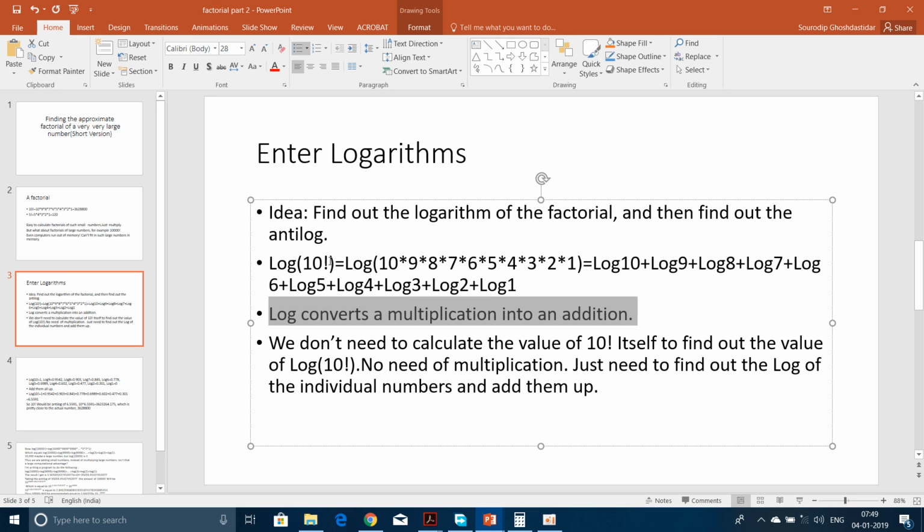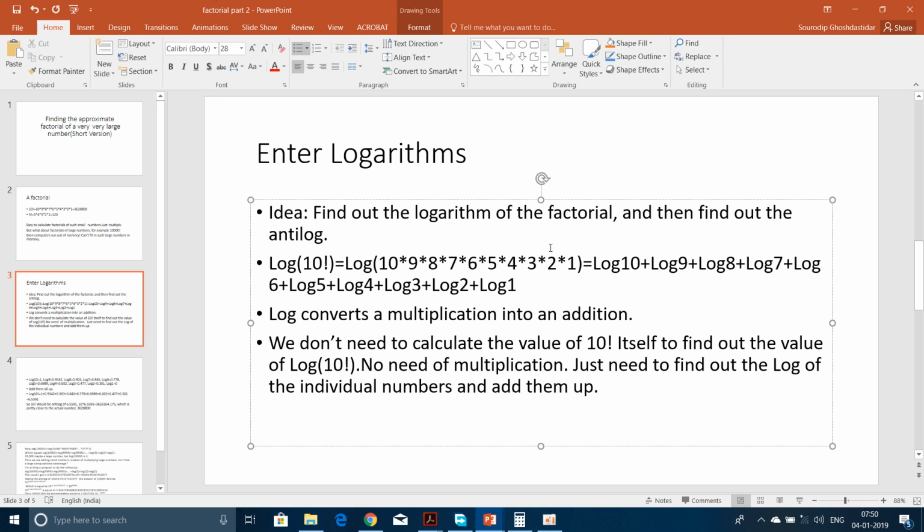So log of 10 factorial would be the log of the multiplication of these numbers. The property we would be using is that the log of a multiplication of various numbers is the sum of the logs of the individual numbers making up the multiplication.